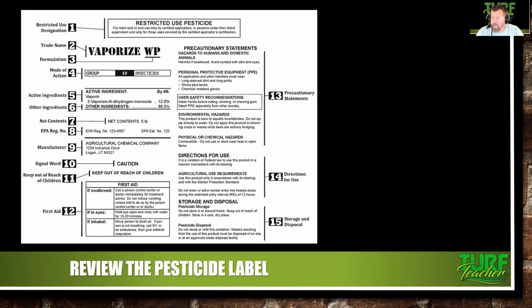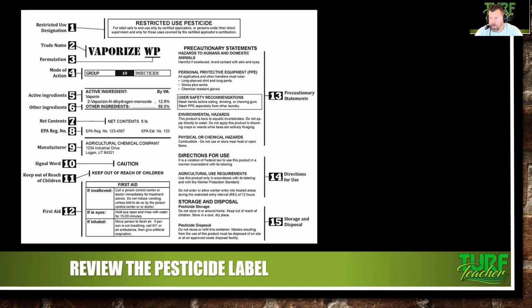And here is a restricted use pesticide label, Vaporized WP, meaning it's a wettable powder. So number 1 is our restricted use designation. Number 2 is our trade name, which is Vaporized. 3 is the formulation, WP, and actually within the name, it has the formulation. Our mode of action is Group 10 insecticide.